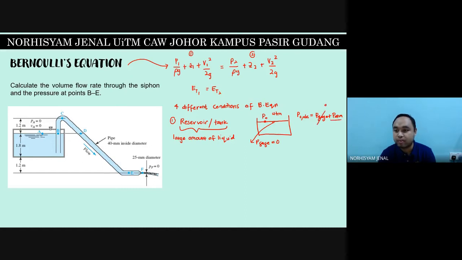So P ATM stays as P ATM. If you're talking about P absolute, it should equal P ATM. However, because we are dealing with this in terms of gauge pressure, for our study, P gauge is equal to 0.